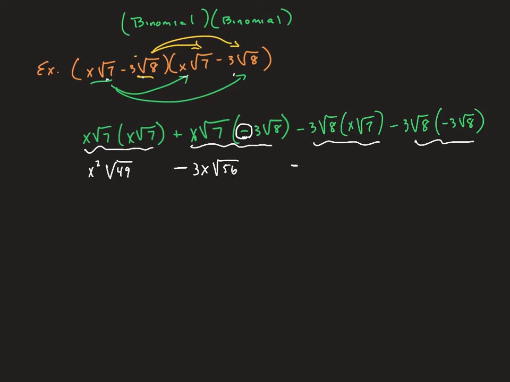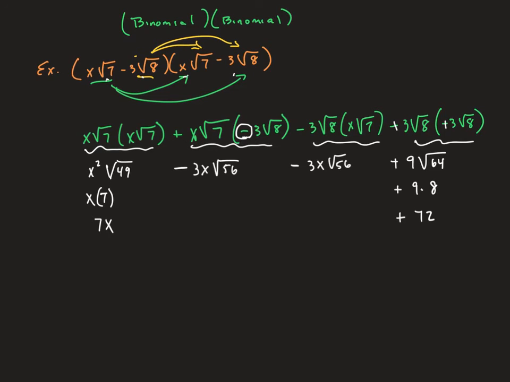Then I have negative or minus 3x square root of 56, and then plus, right? A negative and a negative is going to give me a plus 9 square root of 64. Well, I can tell you that this one's easy. This is going to be 9 times 8, which is going to be 72. The first term is going to be x squared times 7, or 7x squared.